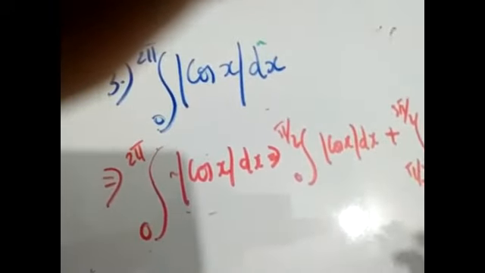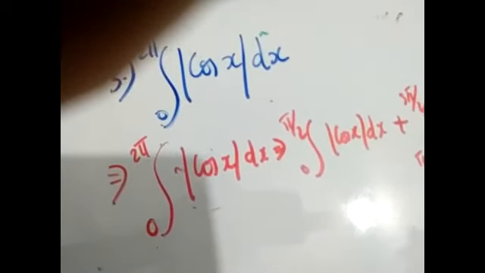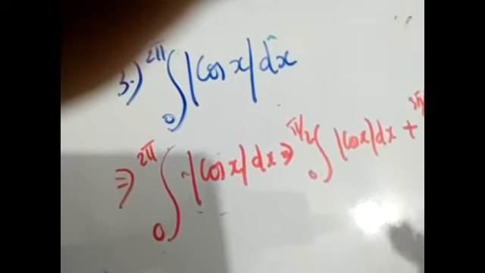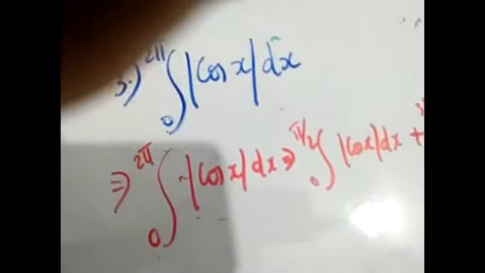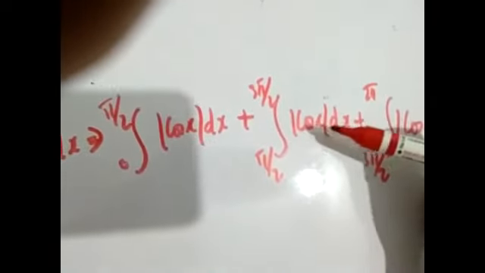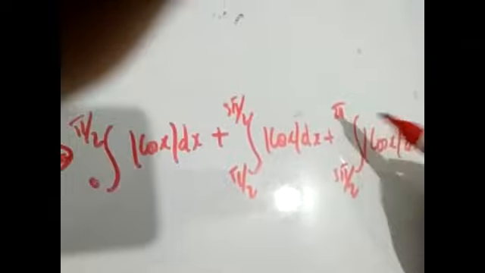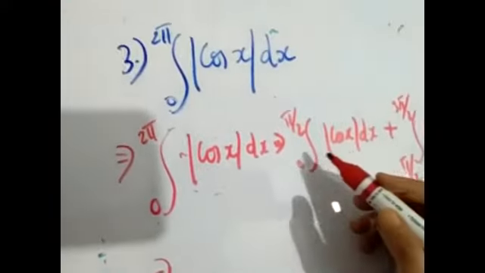Between 0 to pi by 2 you have values between 1 and 0, no? Then you have pi by 2 to 3 pi by 2, which is negative. So cos x is negative over there, and between 3 pi by 2 and 2 pi it's again positive. So the positive and the negative sign oscillates along with the intervals. We have discovered that over here right now.